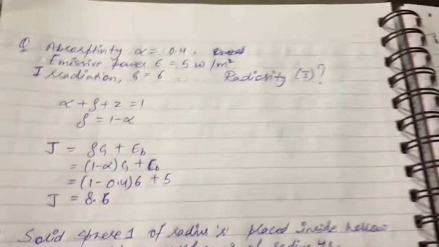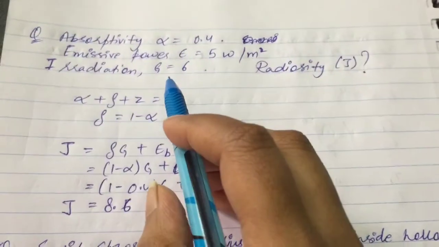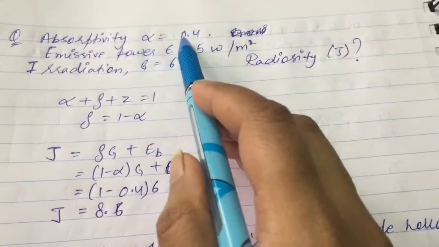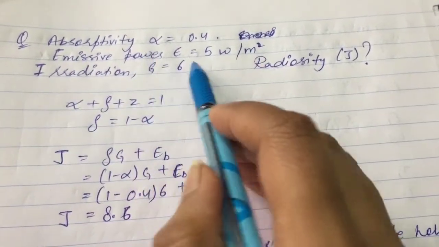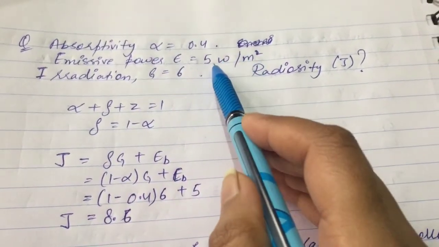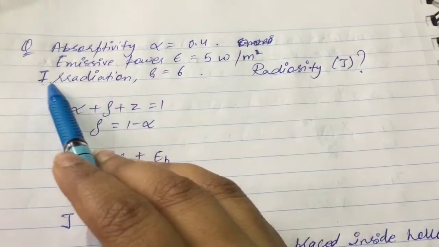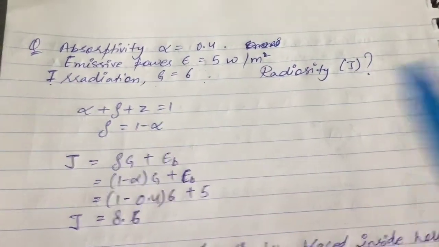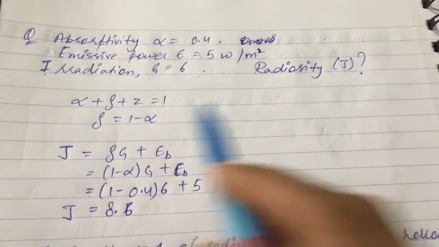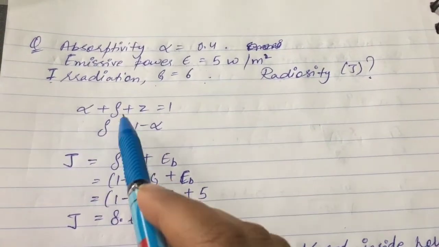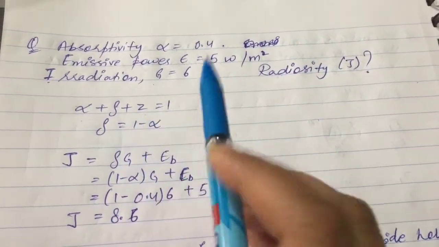Moving on to the next question, we have absorptivity alpha equal to 0.4, emissive power given as 5 watt per meter square, and irradiation G given as 6. We have to find radiosity. So we know that alpha plus rho plus tau is equal to 1.